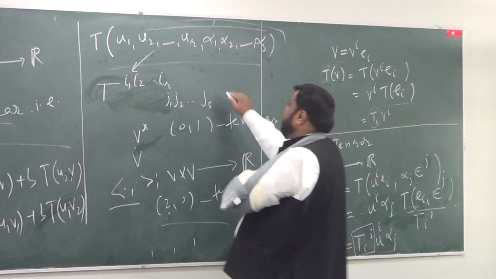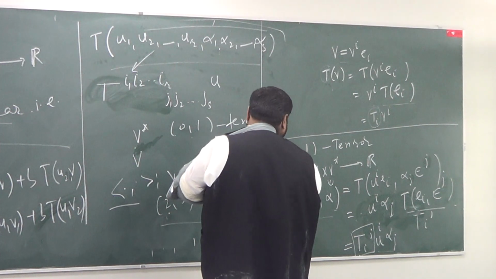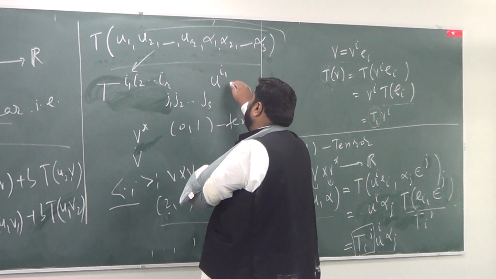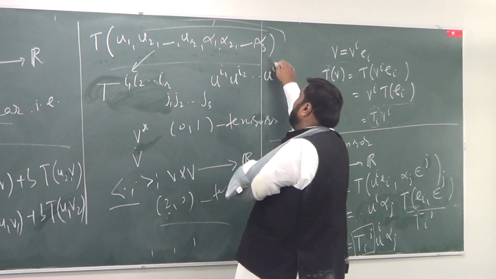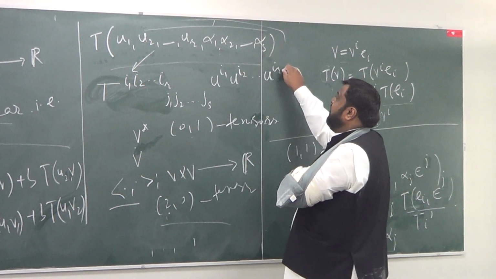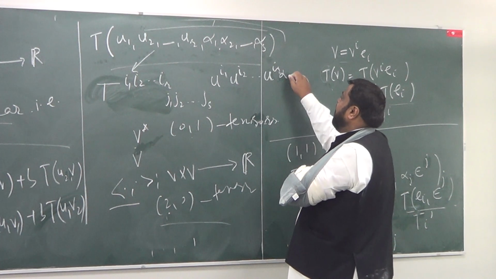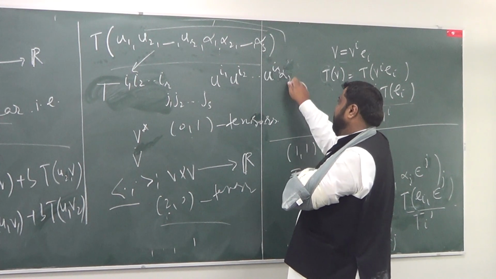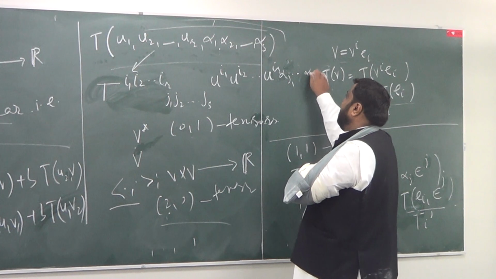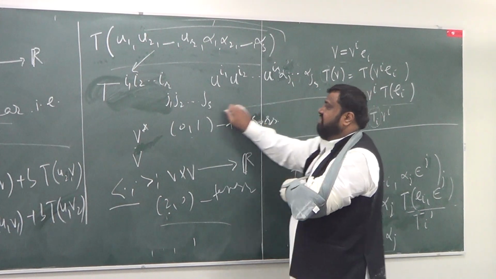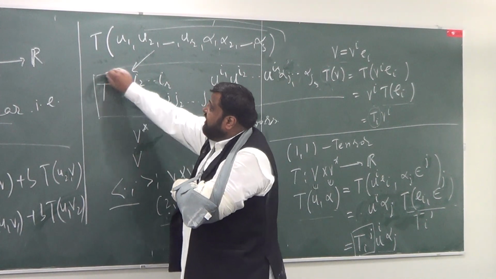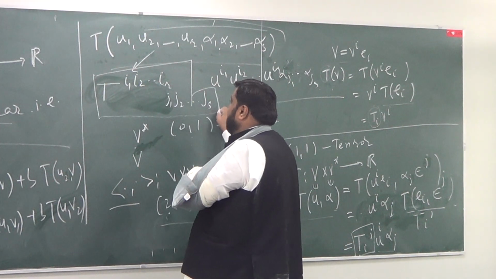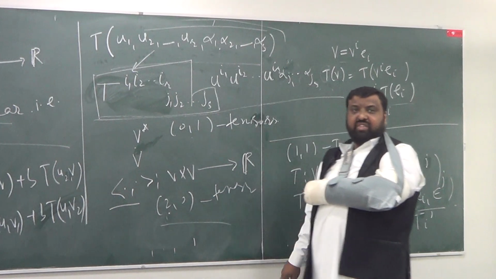So you're going to have U^{I1 I2 ... IR} times alpha_{J1}, ..., alpha_{JS}. So this is going to be such a thing, while this quantity is essentially what we call the components of the tensor.